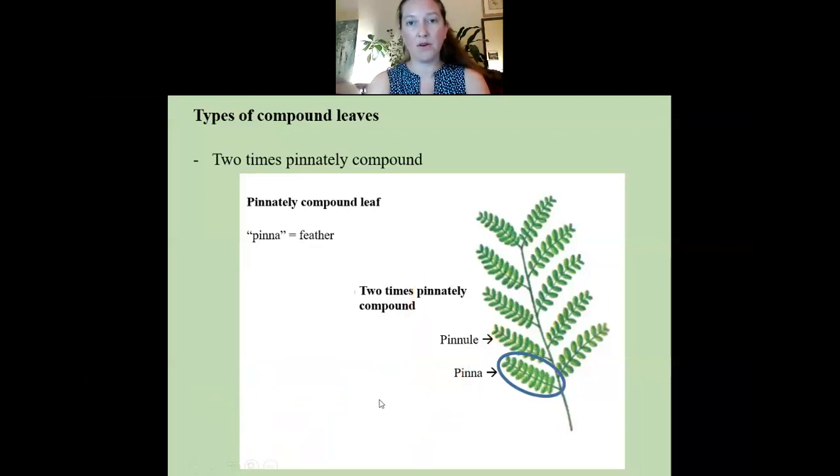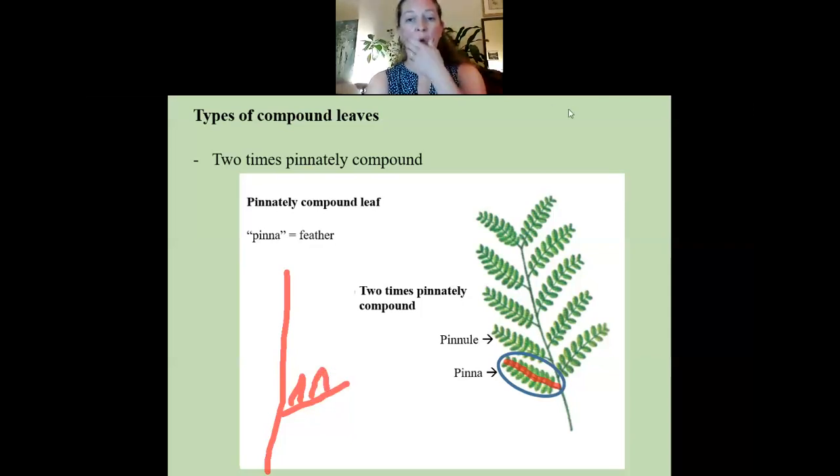Oh gosh. Really not good at annotating. One more try. 2 times pinnately compound leaf. The first division is this stem-like part, and then the second division would be the little smaller leaflets that are coming off of that, right?